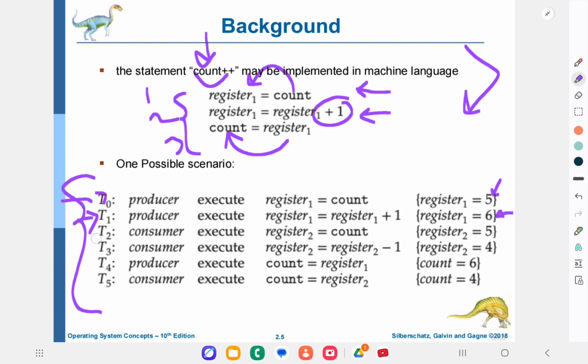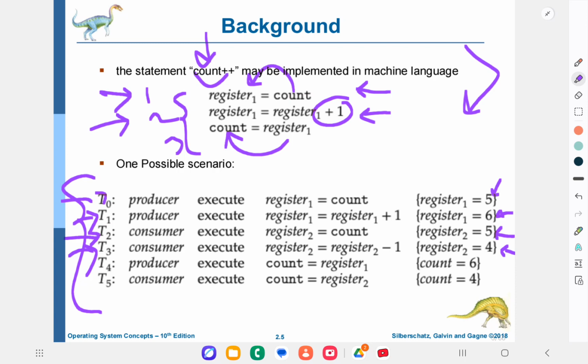Assume that at this point, for some reason, the producer gets interrupted by the consumer, and the consumer starts executing. The consumer starts on the first line of its own code, which is the decrement operation: register 2 equals count. Now register 2 has 5. And then the next one is register 2 minus 1, so now register 2 has the value of 4.